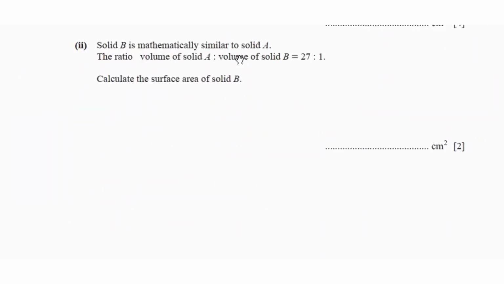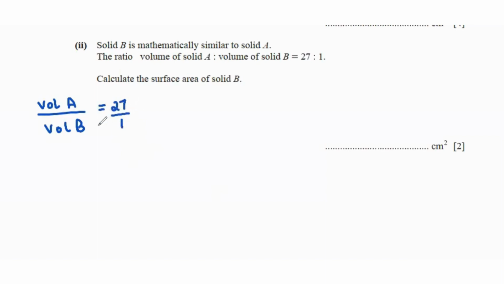Solid B is mathematically similar to solid A. The ratio of volume of solid A to volume of solid B is 27:1. Calculate the surface area of solid B. So to calculate the surface area of solid B, I'm going to say that volume of A divided by volume of B is 27/1.